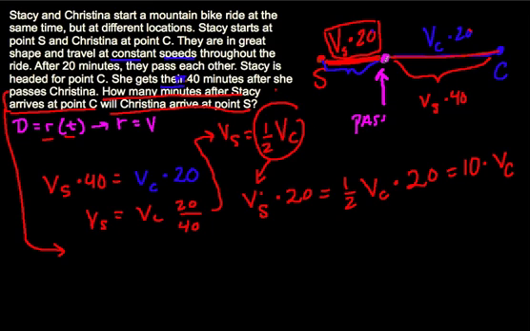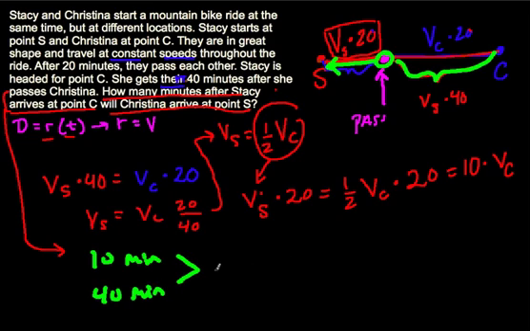So it's going to take Christina 10 minutes to get from, I'm going to use green now, I'm running out of color here, it'll take her 10 minutes to get from the passing point to where Stacy began. So that's 10 minutes. But it took Stacy 40 minutes to get to where Christina began.